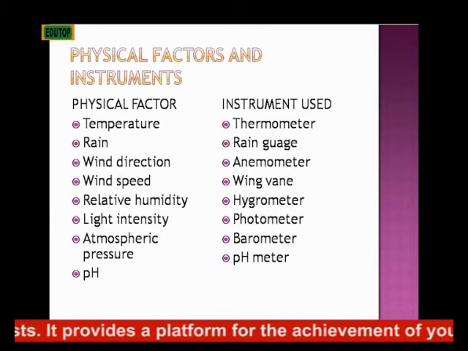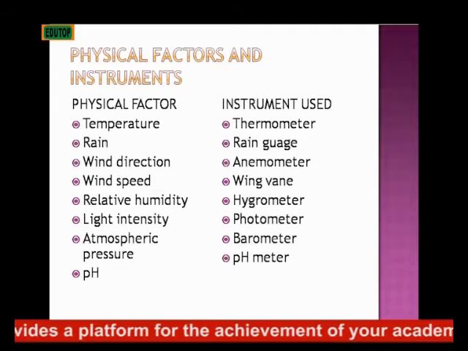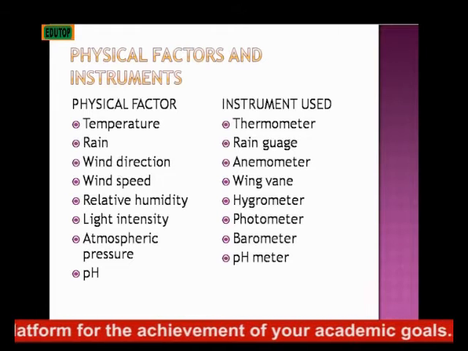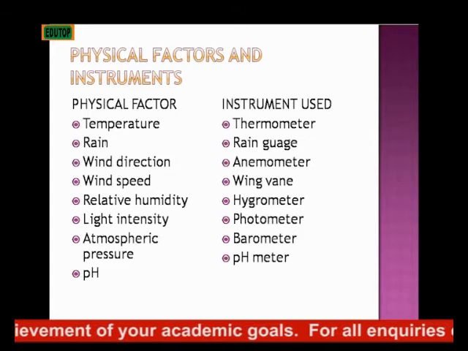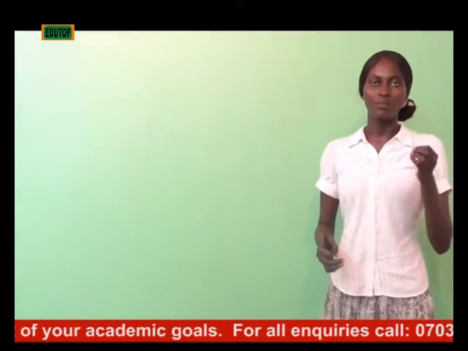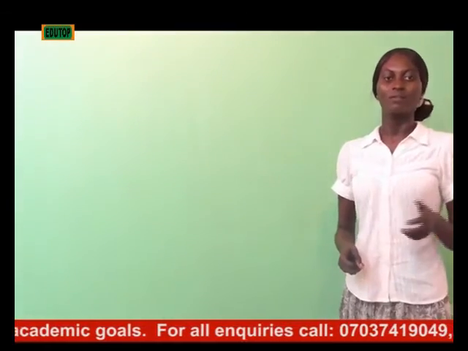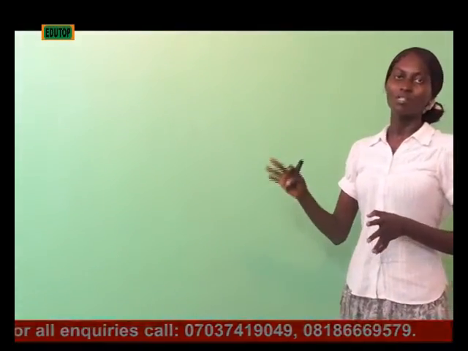Then the pH, that is the hydrogen ion concentration in a particular place, either soil or water, is measured by an instrument called the pH meter. So we have these instruments used in measuring the various physical factors.